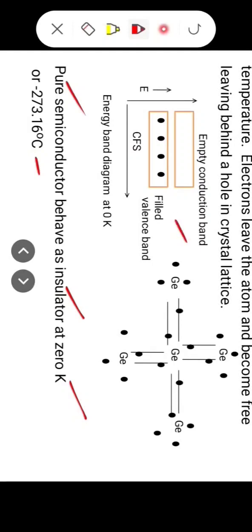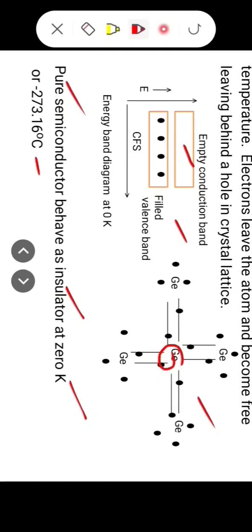Now look at this diagram. This is the energy band diagram at 0 Kelvin of a semiconductor, where the valence band contains 4 electrons and the conduction band is free of electrons. So it behaves as an insulator at 0 Kelvin. Why insulator? Because the conduction band contains no electrons. It is empty. This is a central germanium.